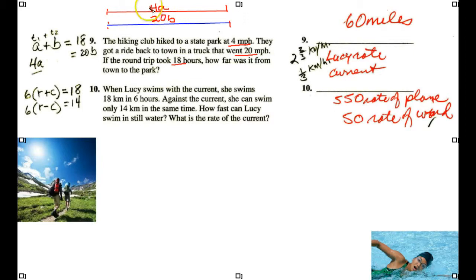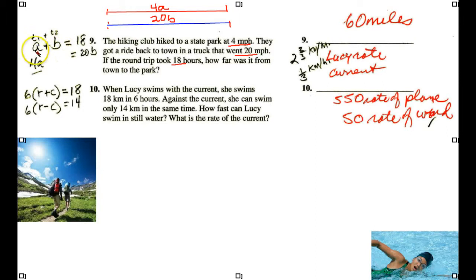Okay, so here they're walking at a rate of 4 miles per hour for a certain amount of time. Then going back, they're at a rate of 20 miles per hour at a certain amount of time.